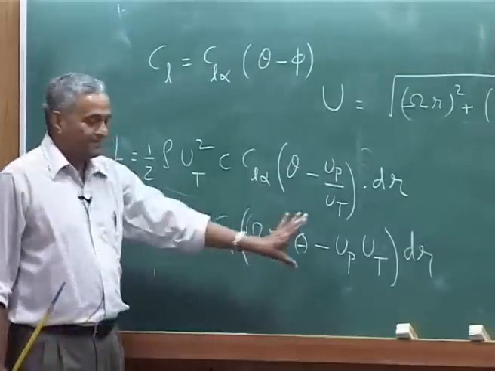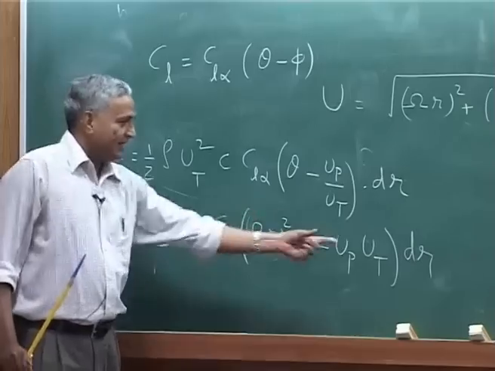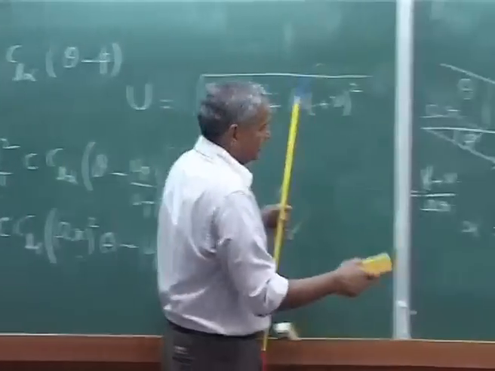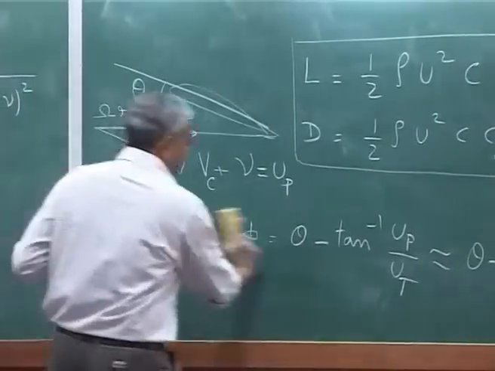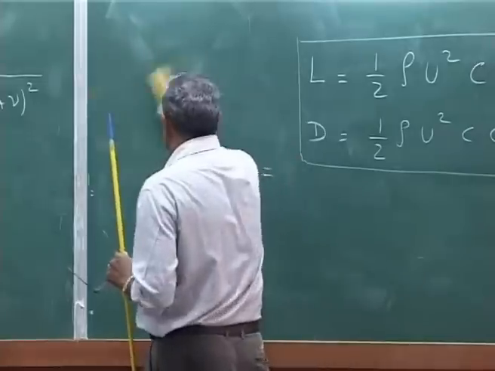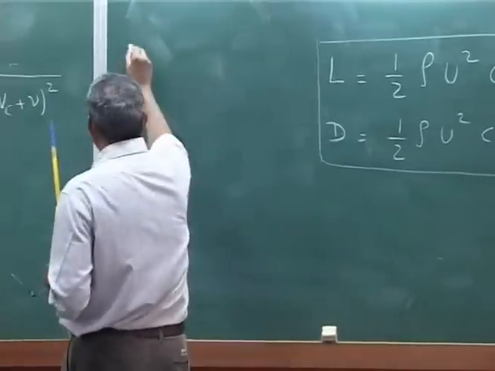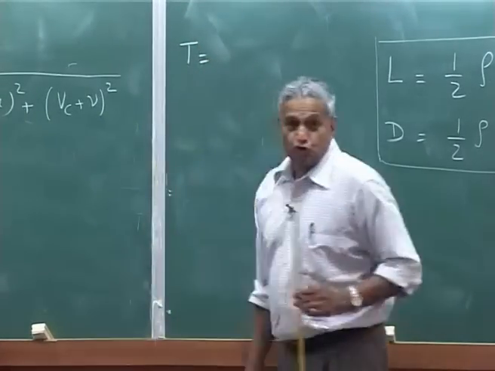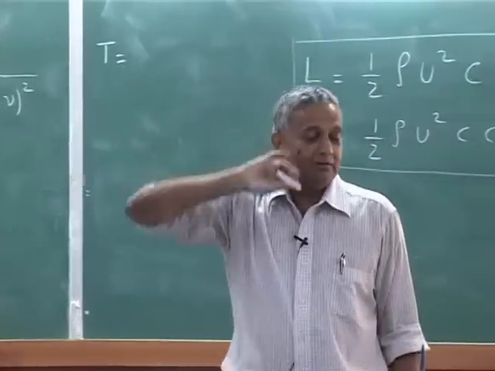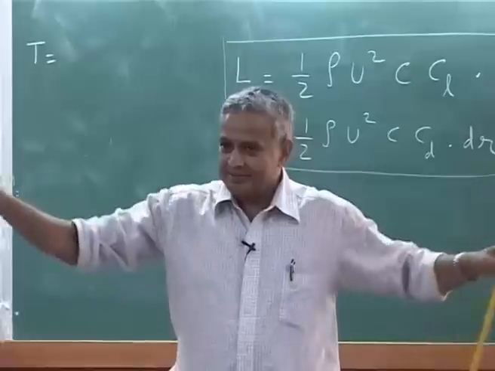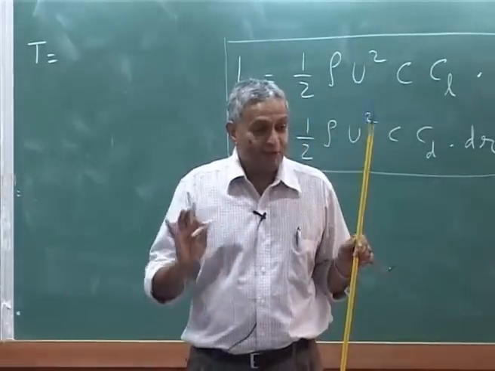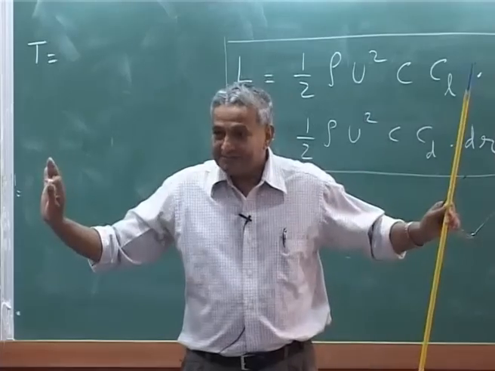Now, this is my lift for an elemental length. If I want the total, I go back. So, I erase this part. Total thrust is total lift that acts on all the blades in the rotor system. That means I assume every blade in hover behaves the same way.